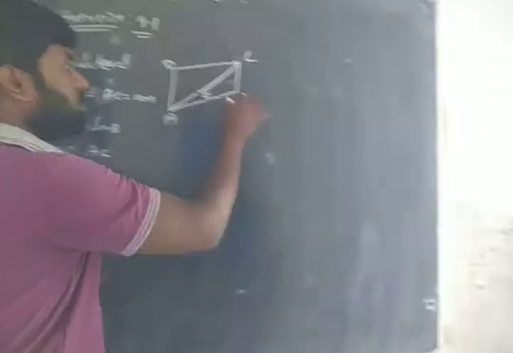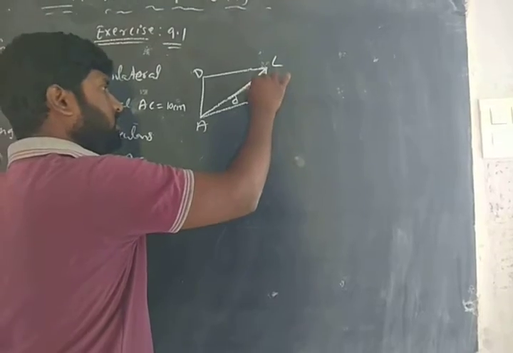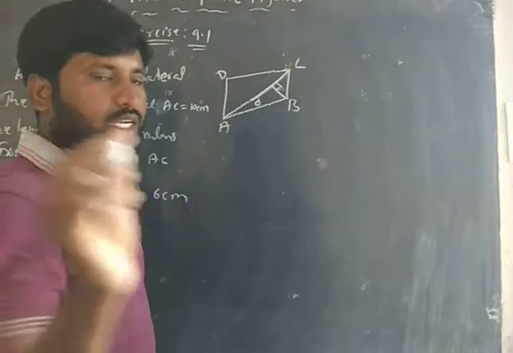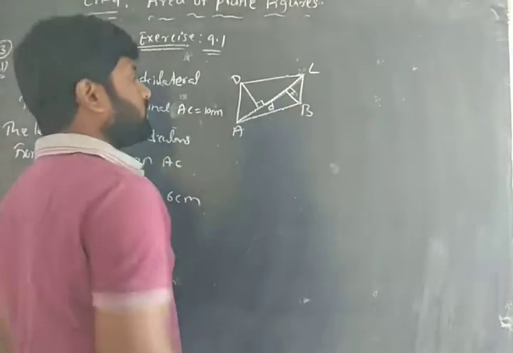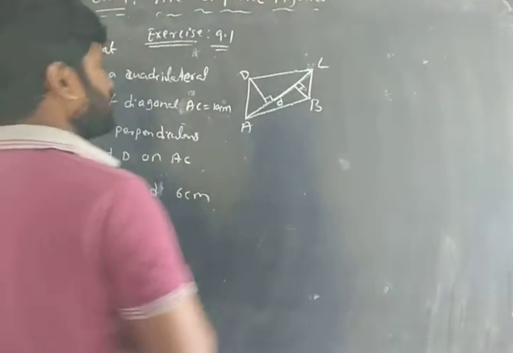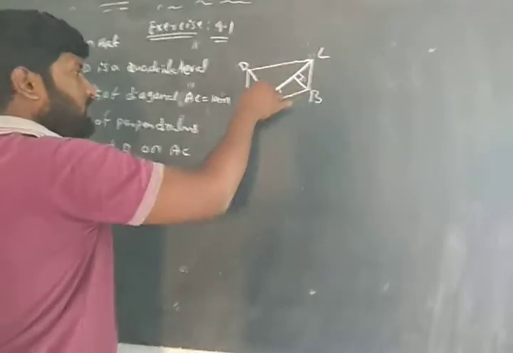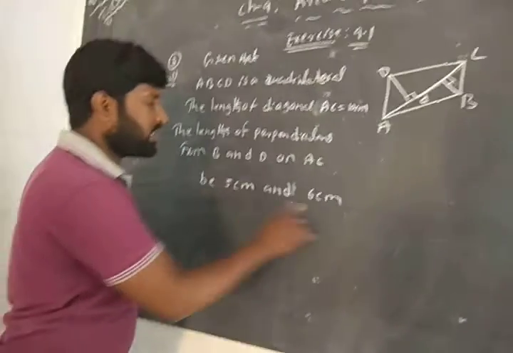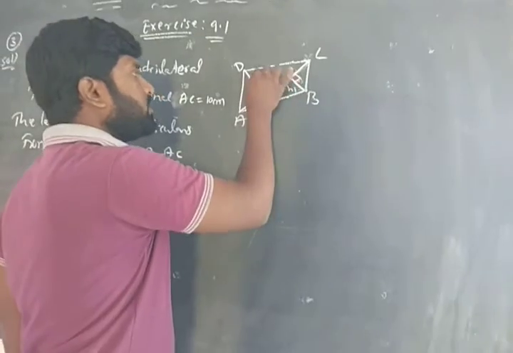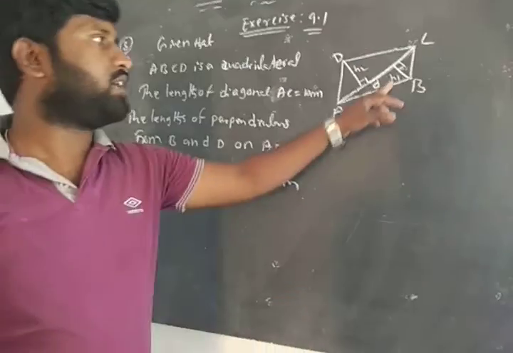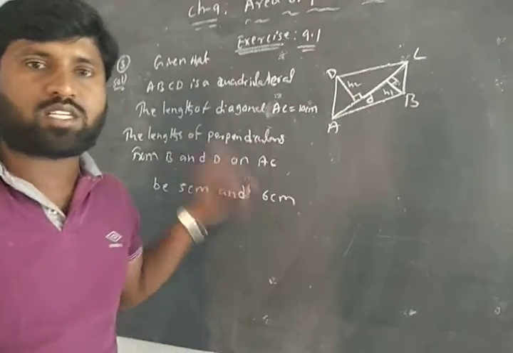The length of the perpendicular from B is the height, and from D is also a height. So you can take this as height 1, that is 5 centimeters, and height 2 as 6 centimeters.